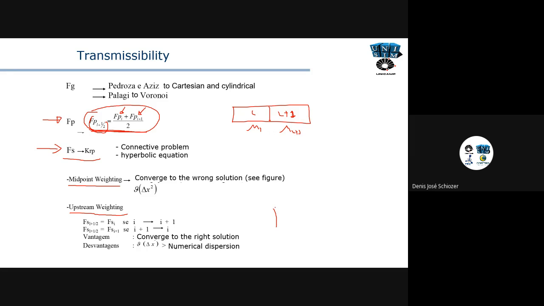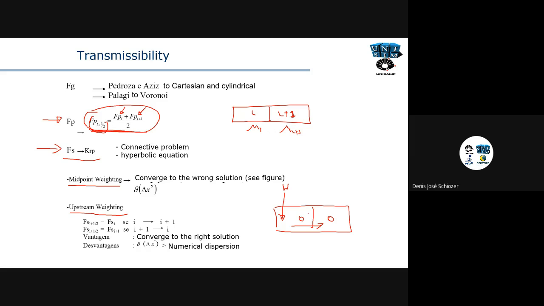Let's assume that I have a block here, and an injector here injecting water, and I have oil in the reservoir, okay? And the water is going to move, displacing oil in this direction.